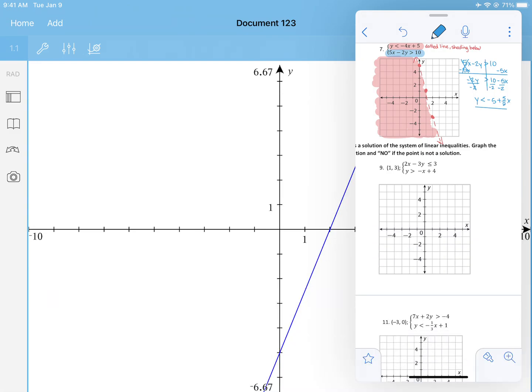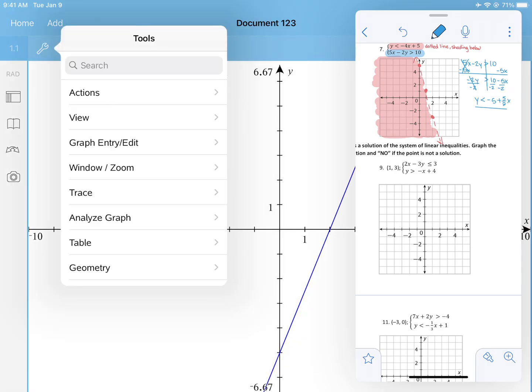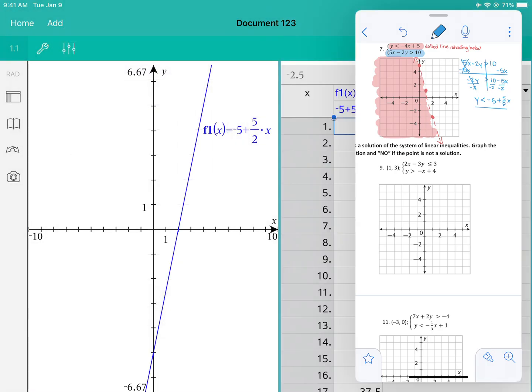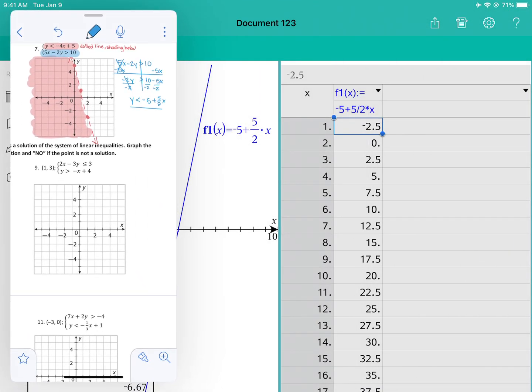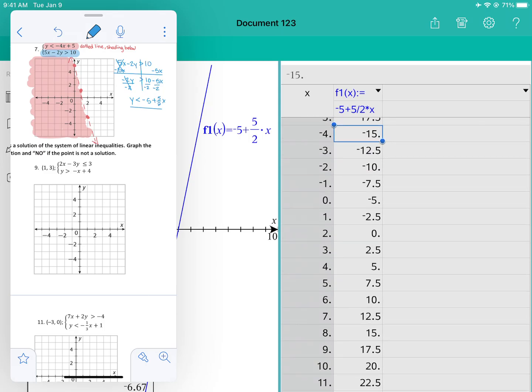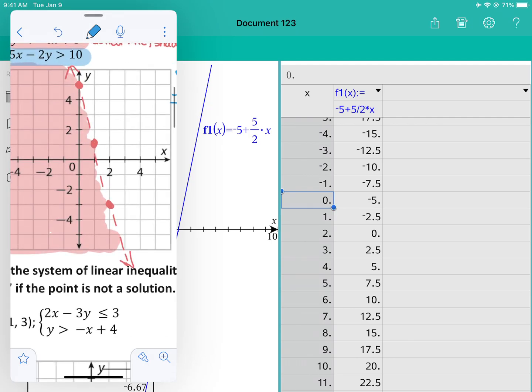Hit graph. Again, you can do Control T for table or menu, table, split screen table. It's going to give me my values. Okay, so I'm going to start here at 0, negative 5. That is this point right here.